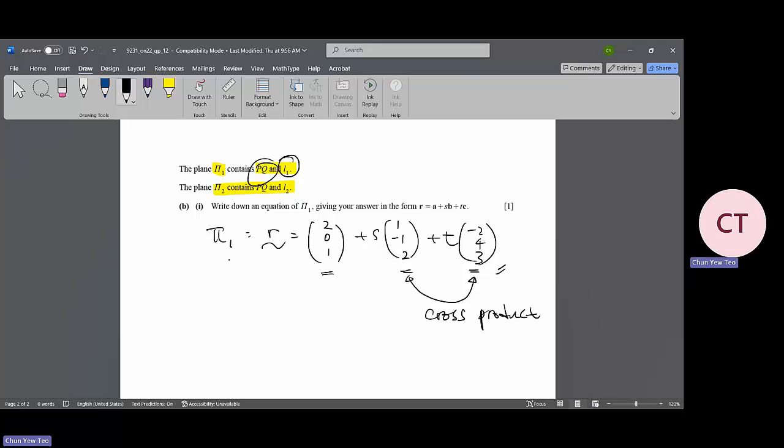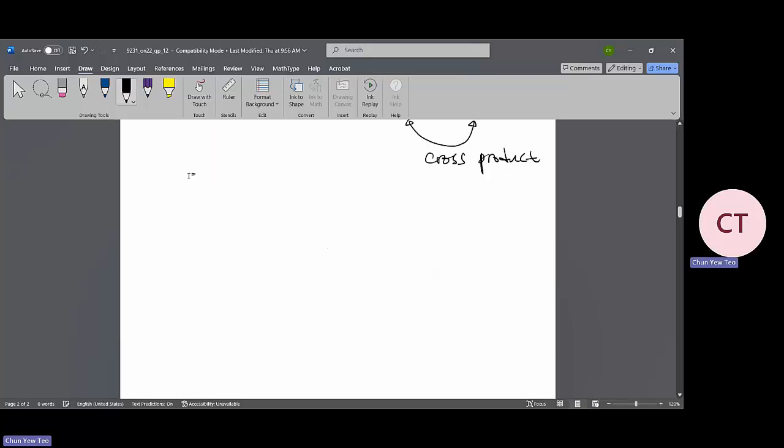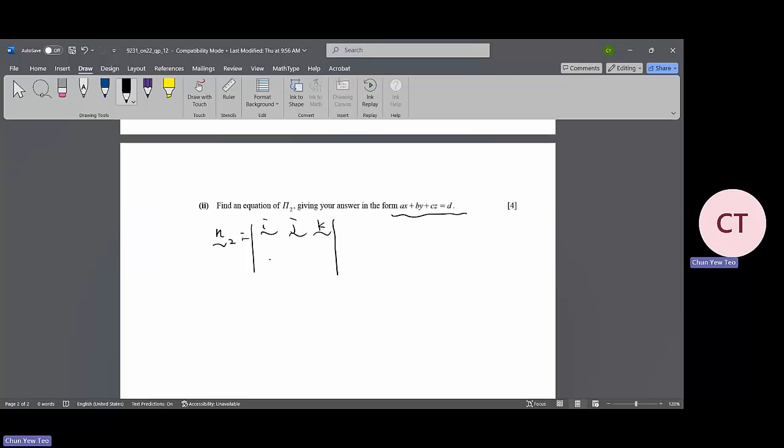But we're looking for pi 2, so it's the cross product between the directional vector for PQ and the directional vector for the line L2, which is (1, 2, -2).